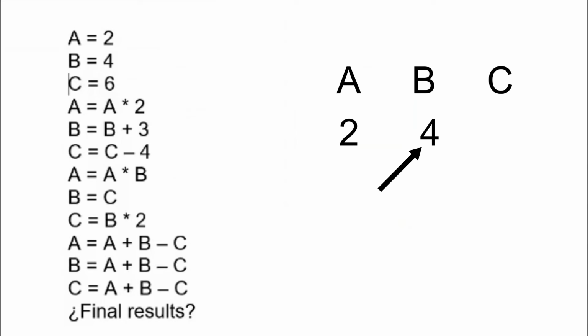The next one, store in the variable C the number 6. Then store in the variable A the result of multiplying A by 2, or exactly the content of variable A by number 2.